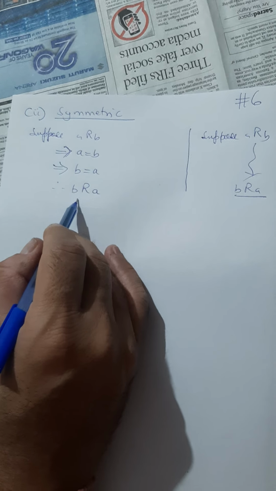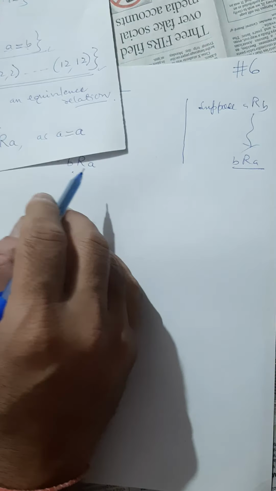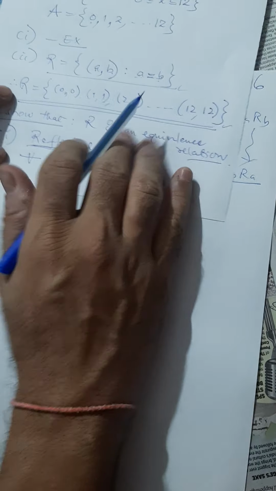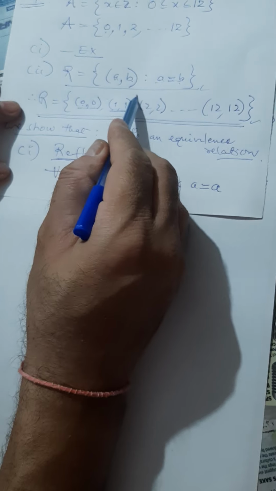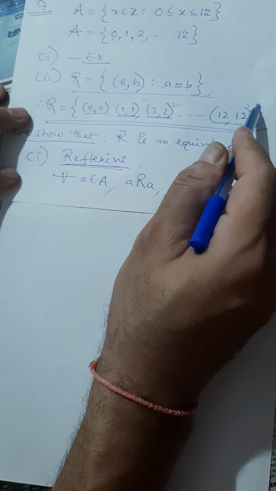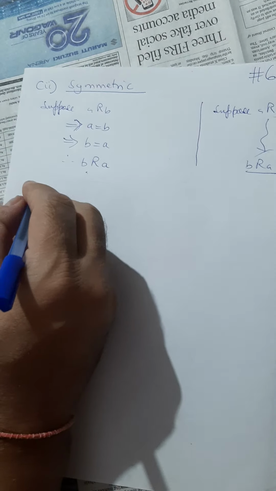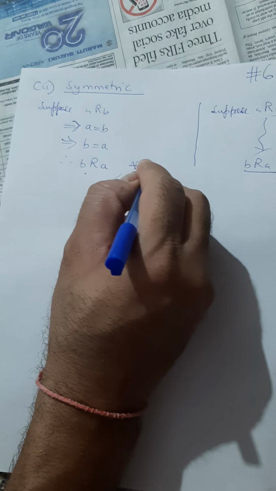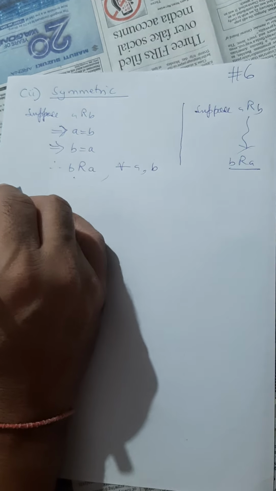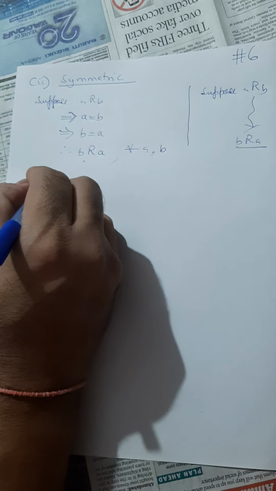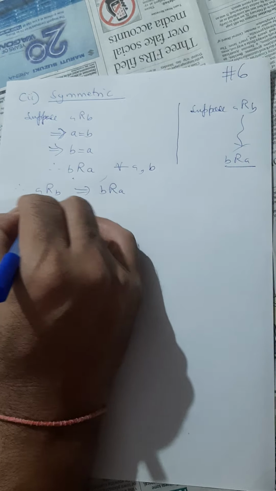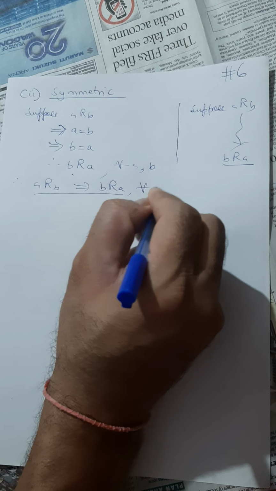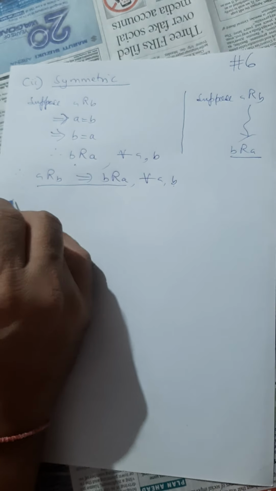Even directly also from the relation's ordered pairs you can show that 0 comma 0 reverses itself, 1 comma 1 reverses itself, 2 comma 2 reverses itself, 12 comma 12 reverses itself. So here I have given the general proof for every a, b. You can say that whenever a related to b, it implies b related to a. For every a, b this is true, and therefore it is symmetric.